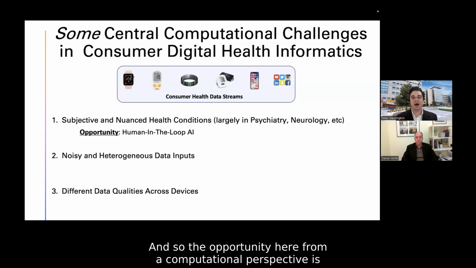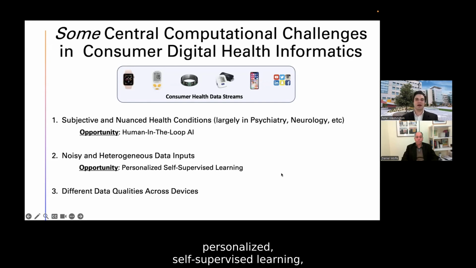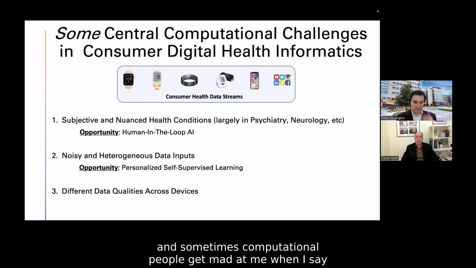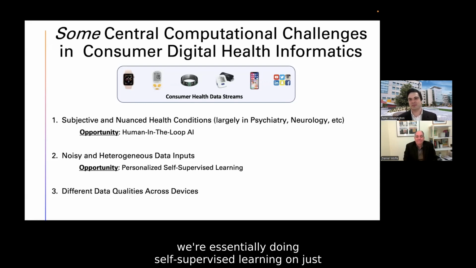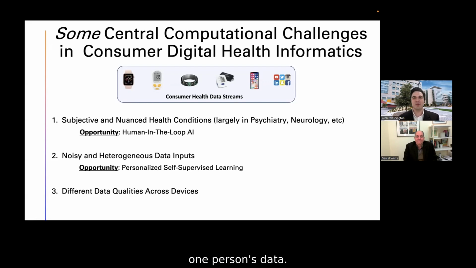And so the opportunity here from a computational perspective is personalized self-supervised learning, which is this idea of, and sometimes computational people get mad at me when I say this, a personalized foundation model, where we're essentially doing self-supervised learning on just one person's data, and it's really optimized towards making repeat predictions for that one person.